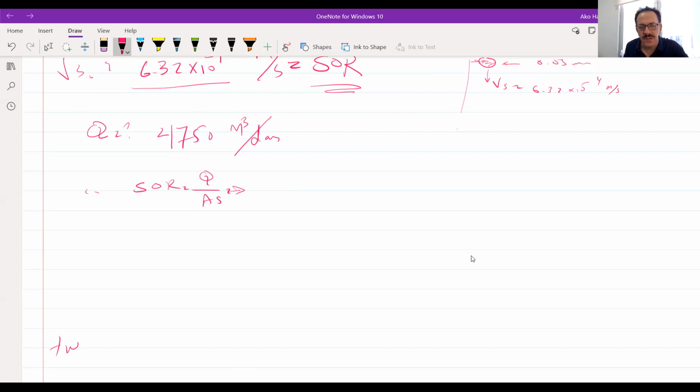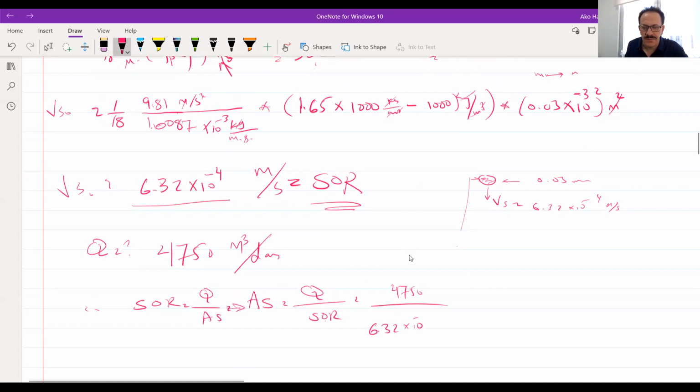So the surface area of this tank is equal to Q over SOR. What is the 4,750 divided by the SOR, which is the 6.32 times 10 to the power minus 4 meter per second. Now this is meter cube per day.